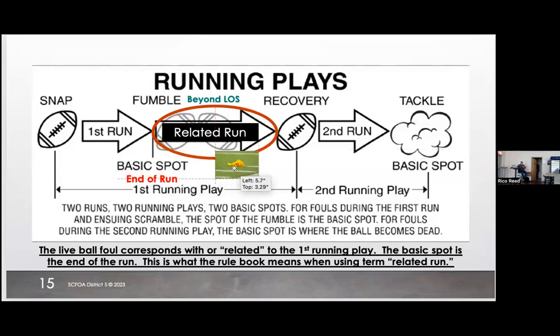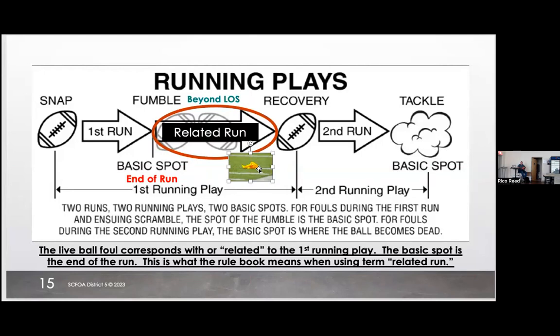So it's one foul. Demery runs for 10 yards, and he loses possession. So we know that's the basic spot, the end of the run, running play number 1. And while the ball is loose, we have a foul by B.